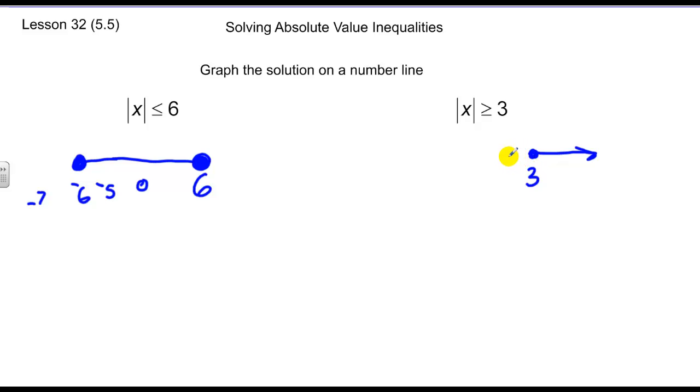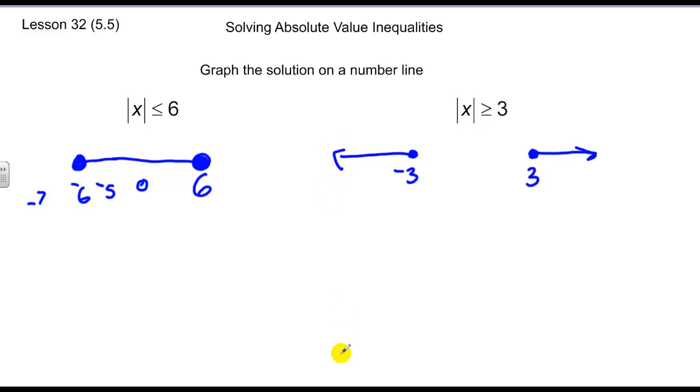Because if I have 2, doesn't make sense. 0 is not greater than 3. The absolute value of -2 is not greater than 3. But once I get to -3 and take the absolute value of that, it's actually equal to 3. So this number works. And if I go to -4, the absolute value of -4 is greater than 3. So my graph is going to look like this.